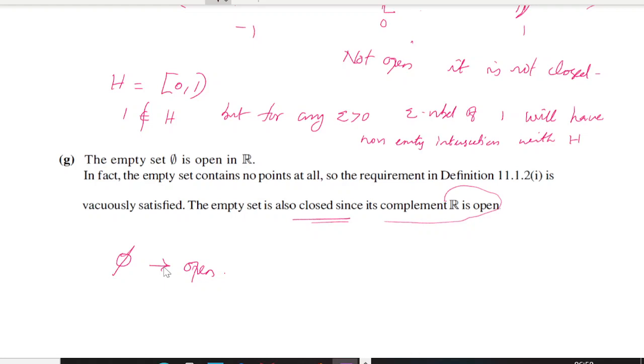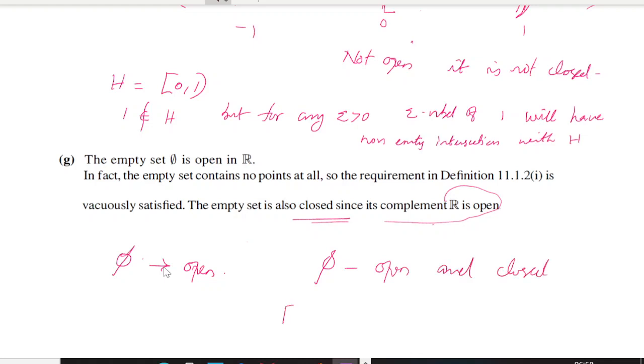In your first example, we have shown that R is open. So we have got the empty set as both open and closed.